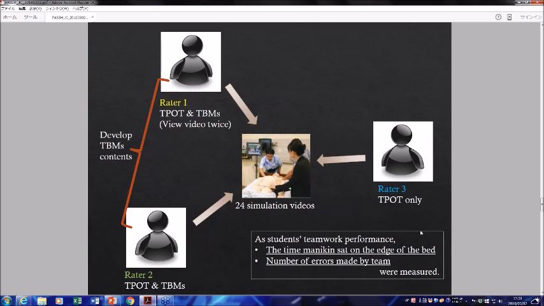For rater 2, he also used the TPOT and TBMs. And actually, rater 1 and rater 2 are the people who developed the TBMs' contents. On the other hand, rater 3 only used TPOT. At the same time, the raters evaluated team performance from these 2 viewpoints.